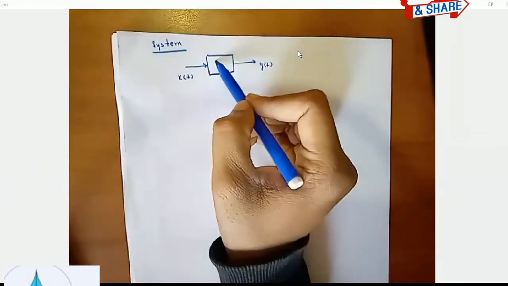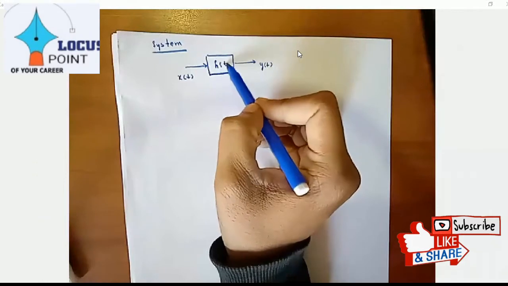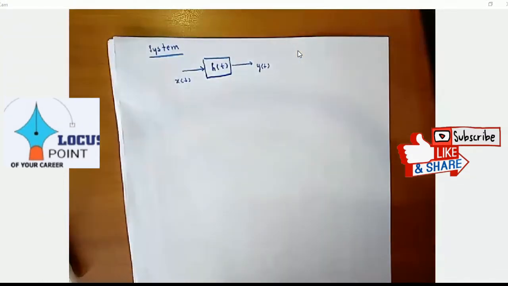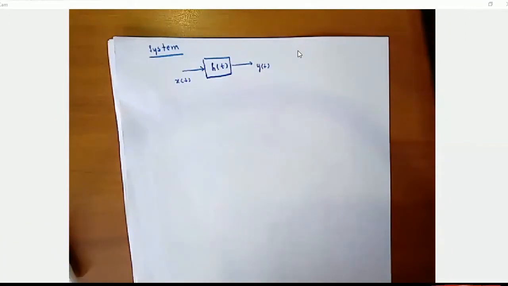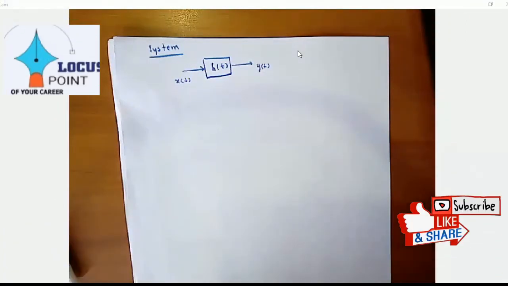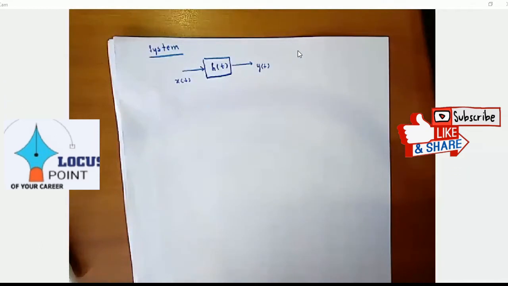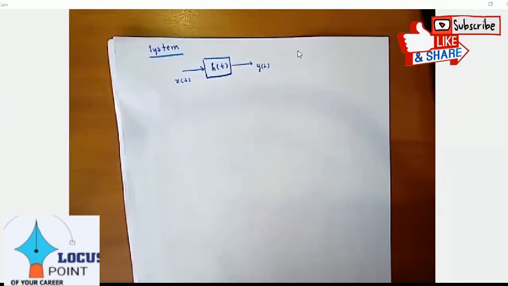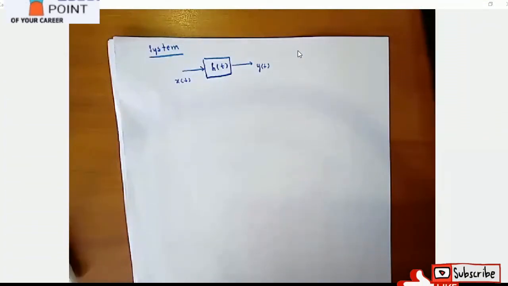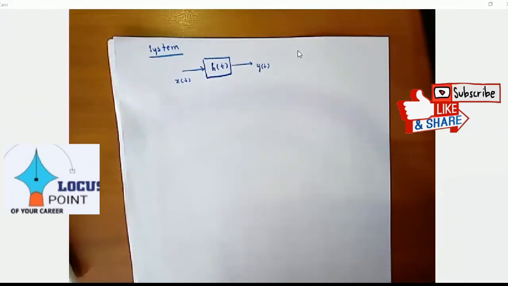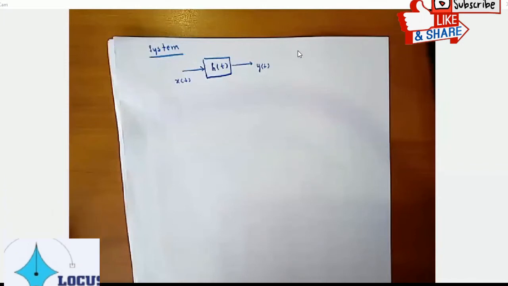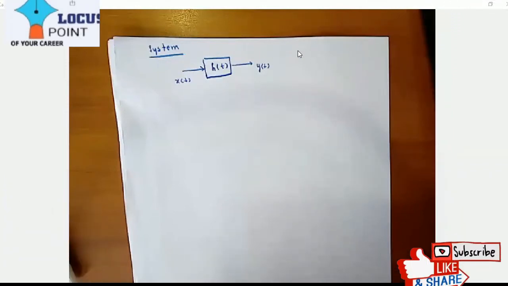So I am giving some impulse response. I have not explained what the impulse response is or its importance, but right now please understand this point: the term impulse response is a property of the system which explains its characteristic.